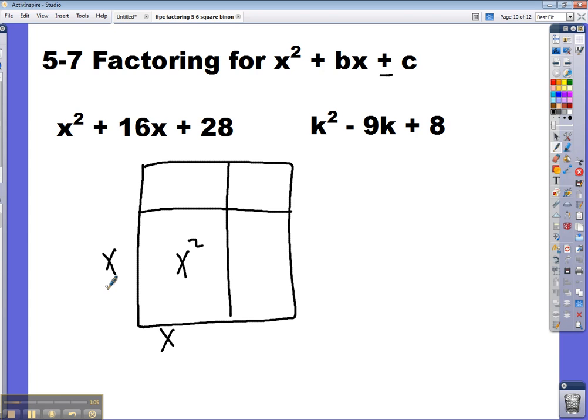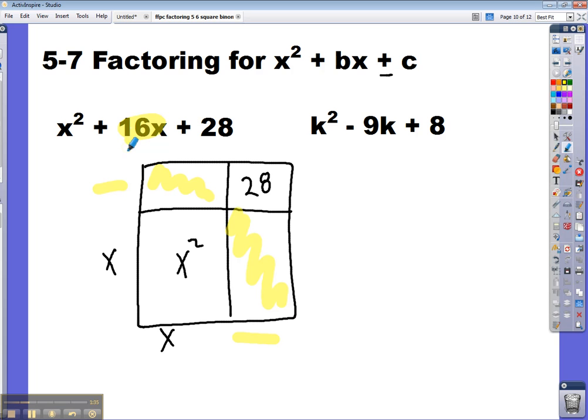So we get x squared. What would the area of this portion be? 28. So now we're being forced to ask ourselves, what number here and here would multiply together to get 28? And when you add this area and this area together, you would get 16x.